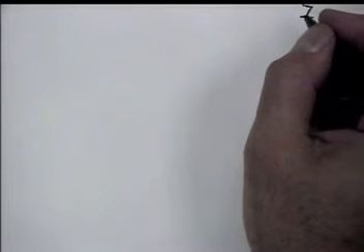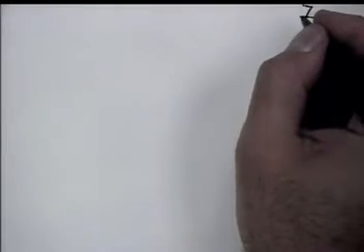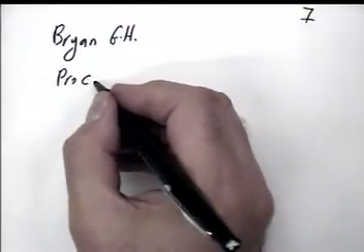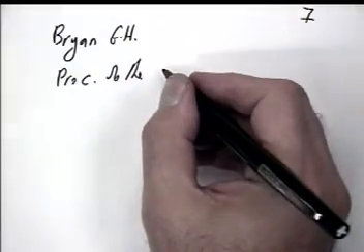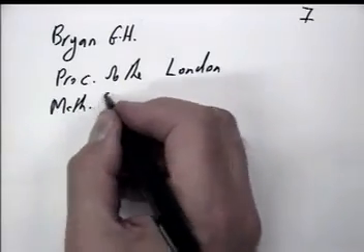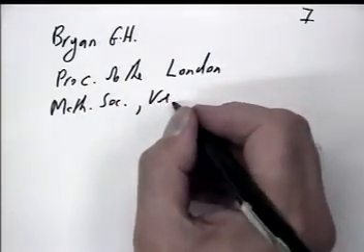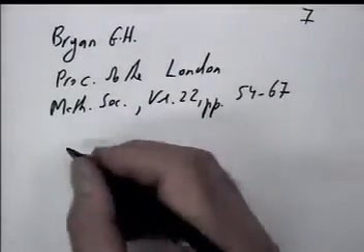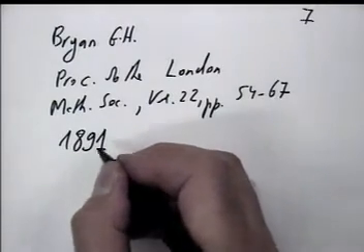Yeah, this formula, first of all, before we go, was given by Bryan, an English scientist, in his paper in the Proceedings of the London Mathematical Society, volume 22, pages 54-67, in 1891.